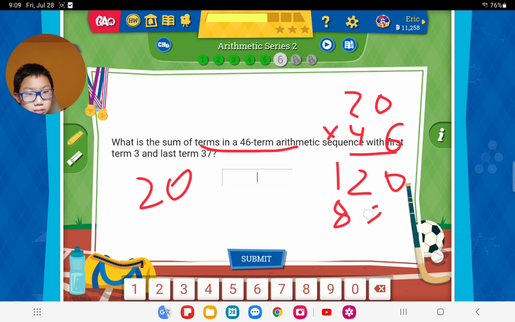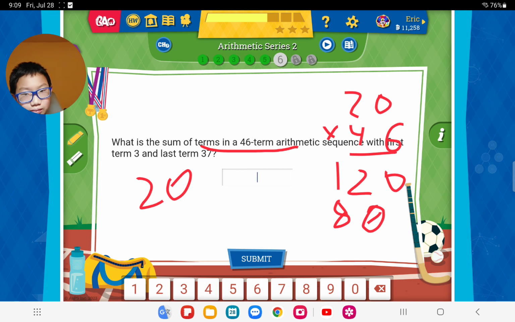Do you know what average means? It means all of the numbers added up, then divided by the number of numbers. Yes.